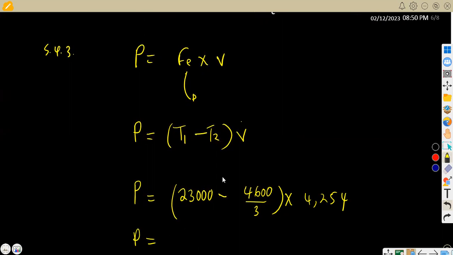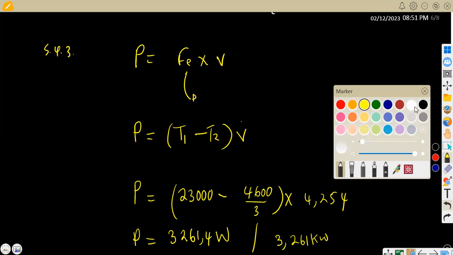So that's you guys and your calculator. You must obtain something like 3,261.4, which is the power in watts, or you can convert to kilowatts, which is going to be 3,261 kilowatts. Remember, kilo is 10 to the exponent of 3.